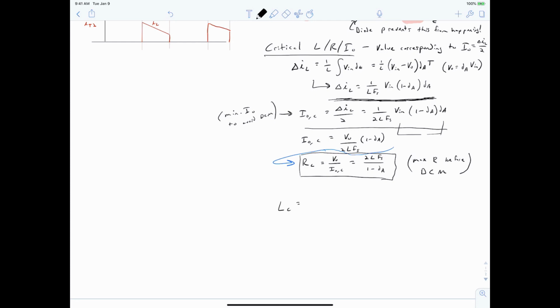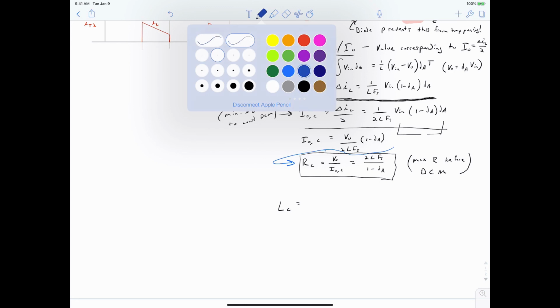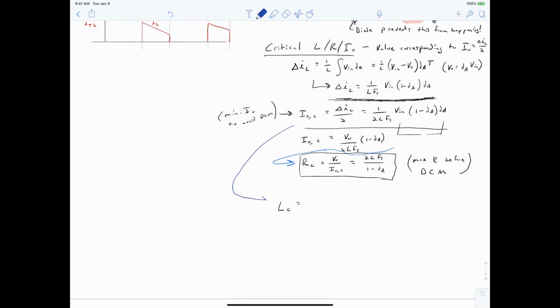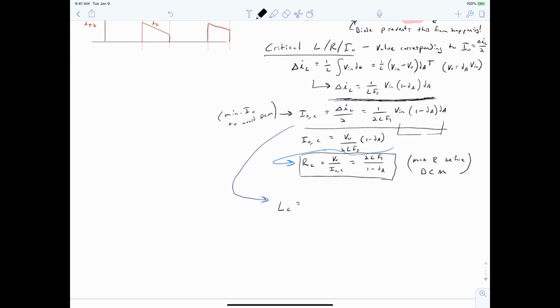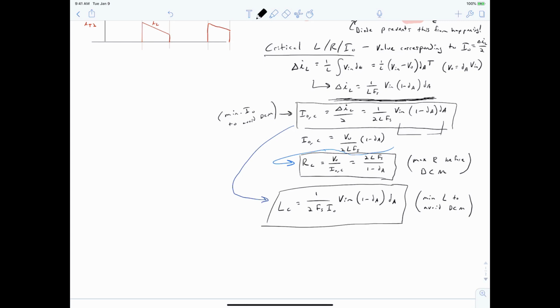So in this case, we're going back to this expression right here and just writing it in terms of the inductor value L. Alright, so now we have expressions for our critical output current, our critical resistance, and our critical inductance. These are all specific to the buck converter.